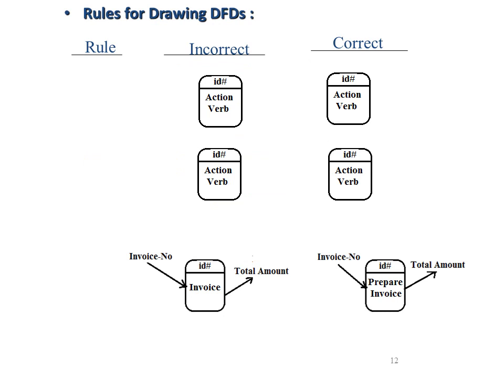This slide and the next slide give rules for drawing DFDs. Rule number 1: at least 1 input and 1 output. In A it's incorrect because the process doesn't have an input. The correct one has an input.